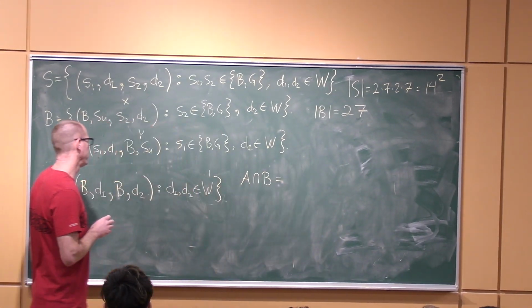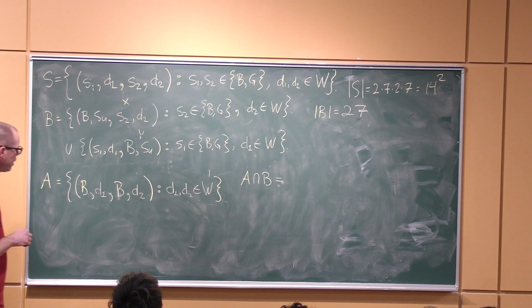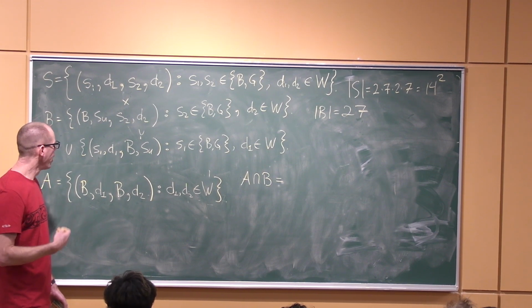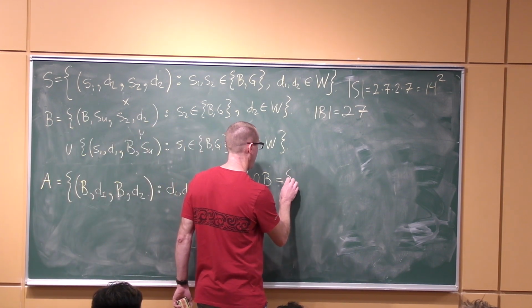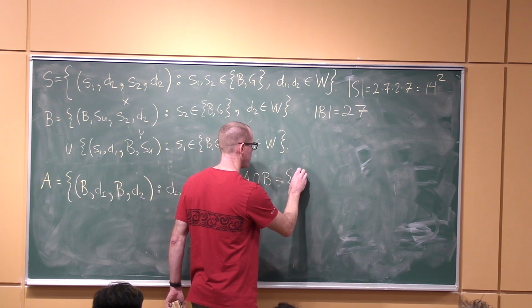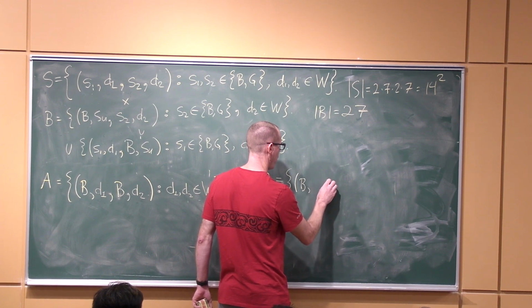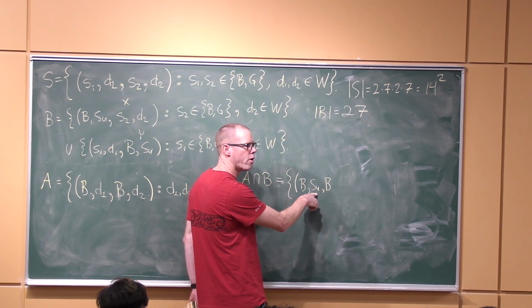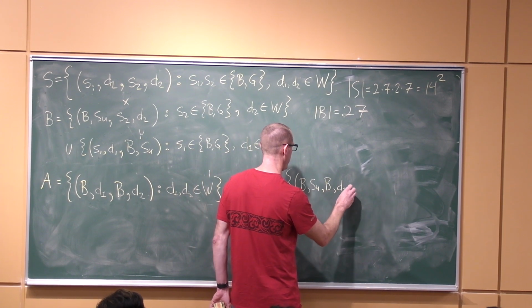So what does A intersect B look like? Probably easiest if I split it up into 2 parts like I did for B. So A intersect B is 2 boys, one of whom was born on a Sunday. For example, maybe it's 2 boys, the first one was born on a Sunday, and the second one was born on any other day of the week.